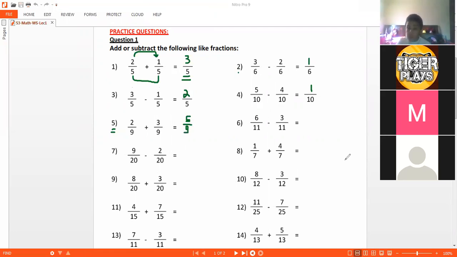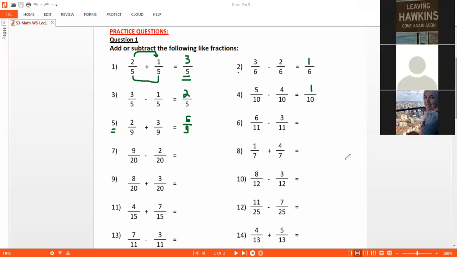Excellent. Now I want Hala. Yes, Hala number 6. 6 over 11 minus 3 over 11. 3 over 11. Excellent. Very good. Yalla Ibrahim Maruni.